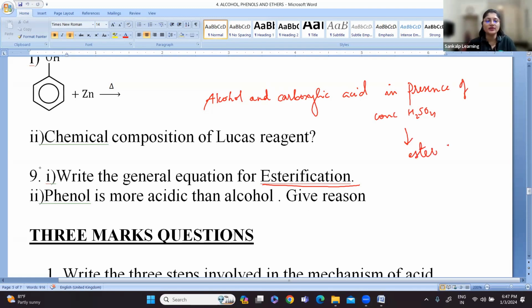Now, how do you write the general equation? So alcohol is ROH plus carboxylic acid, RCOOH, in the presence of H plus.